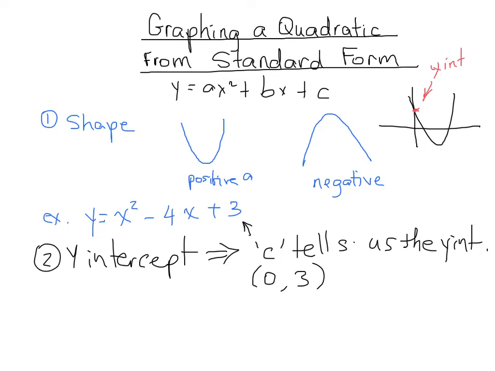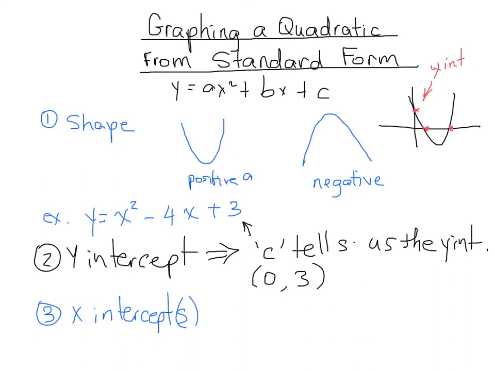The next thing that we should do is find the x-intercepts. Sometimes there are 2 x-intercepts, sometimes there's 1, and sometimes there's none at all. In this particular case, we have an x-intercept here and an x-intercept here, where it crosses the x-axis.